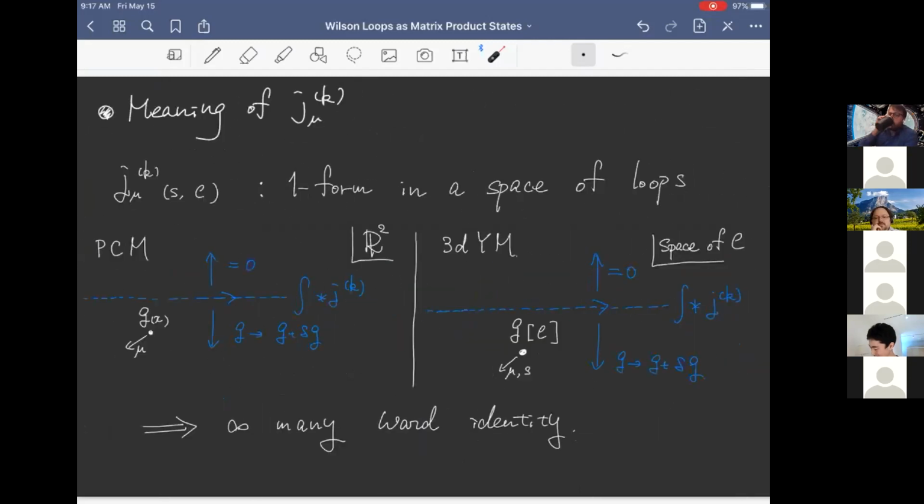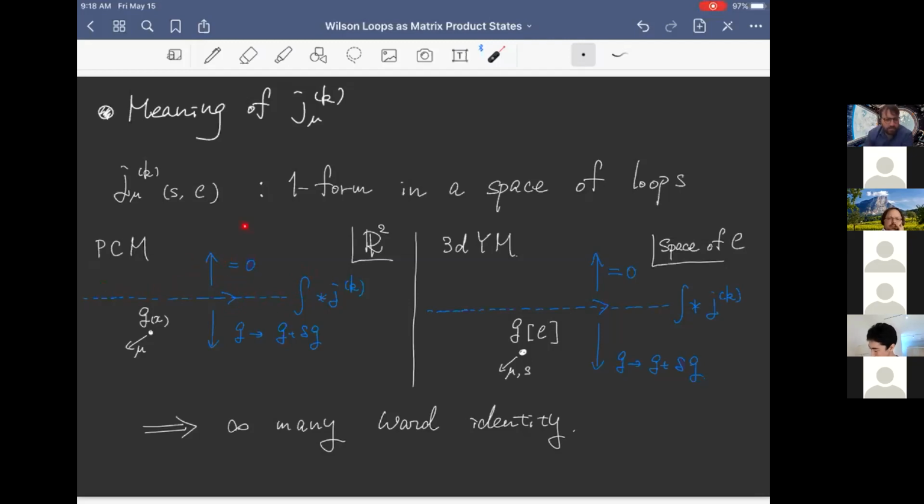Right. So, okay, let me try to demystify the meaning of this current. This current is basically a one-form in the space of loops, much like J mu was a one-form in the space of R2 in the case of the Principal Chiral Model. So in the case of the Principal Chiral Model, if you had this J, then let's say you insert some operator G of X here, and then you consider the line integral, which is an integral of star J. And because it satisfies the conservation law, you can basically freely move this contour.